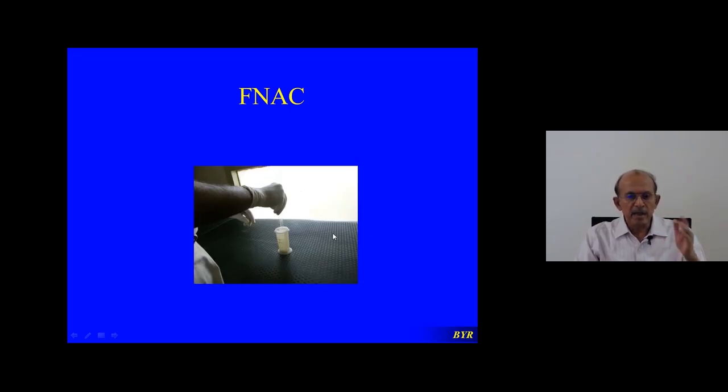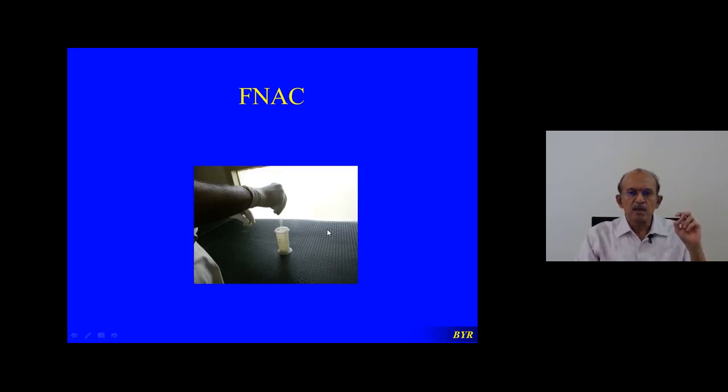So only cells will be there that get stuck to the slide. This is called fixation. So you fix the specimen to the glass slide by putting it in isopropyl alcohol. You keep it there for 20 minutes in this chamber. After 20 minutes, you take it out, dry the specimen, and send it to the cytologist.